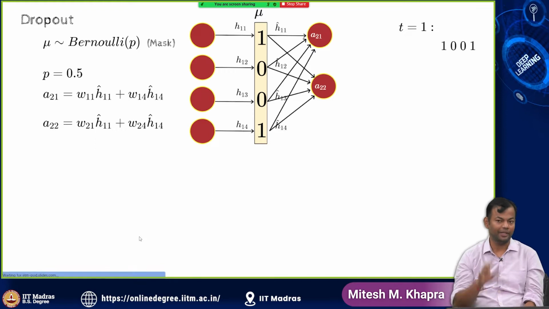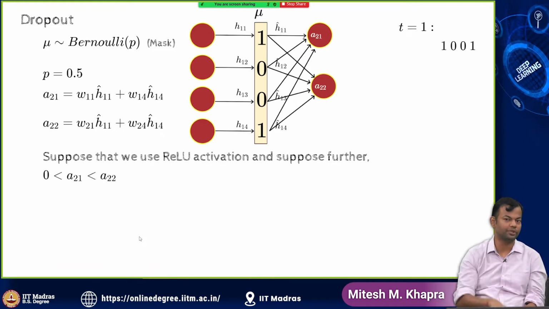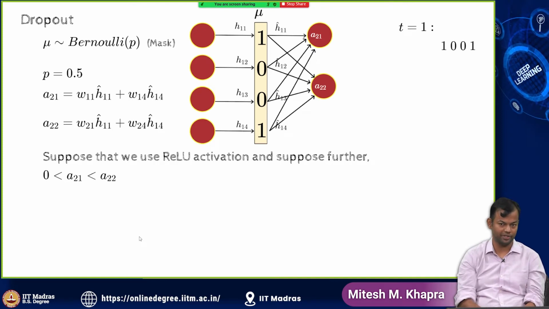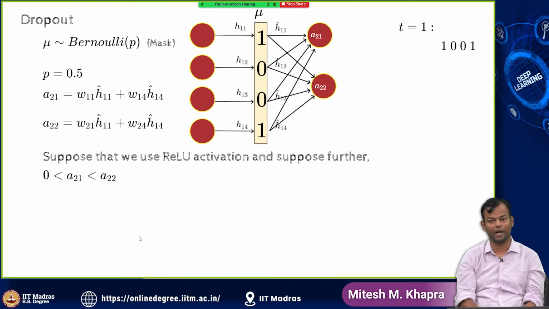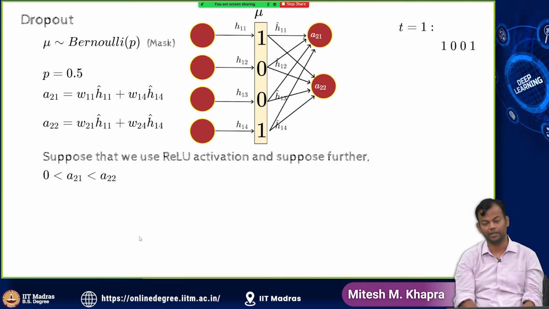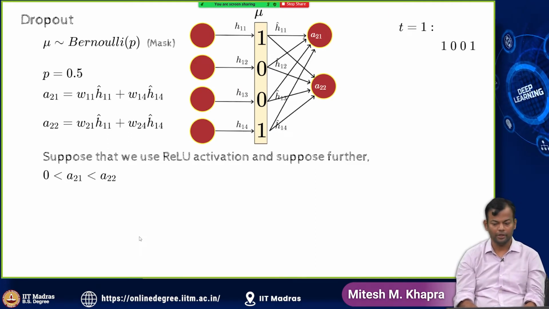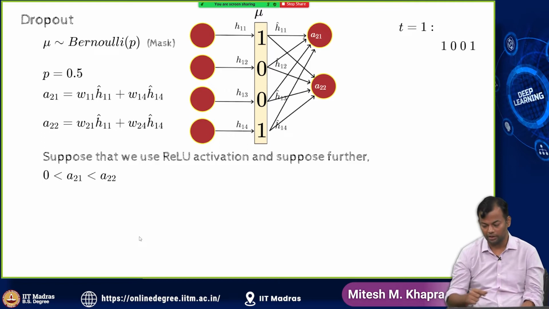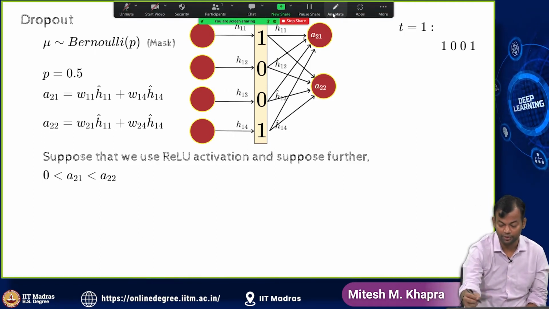Yeah, so now let's consider a scenario where these two outputs, A21 and A22, have the following relationship. They're both greater than 0, because it's a ReLU activation function, so I want both of them to be active and not dead. So say both of them are greater than 0, but A21 is less than A22, right? So what does that actually mean? Let's try to understand that in terms of how neurons react to training samples, right?